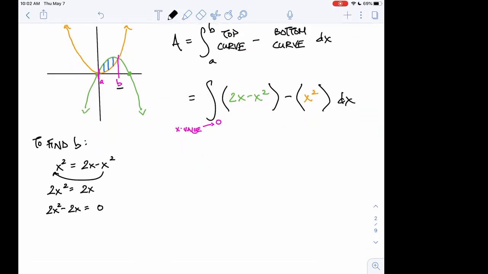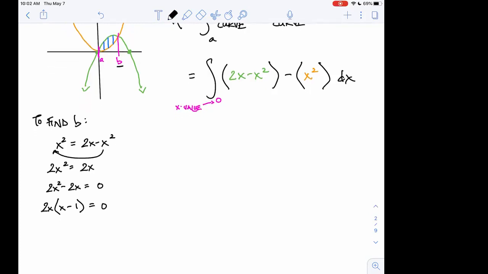So from here, I'd like us to factor. So 2x times (x minus 1) equals 0. And now that it's factored, I can set each part equal to 0. So 2x equals 0 and x minus 1 equals 0.